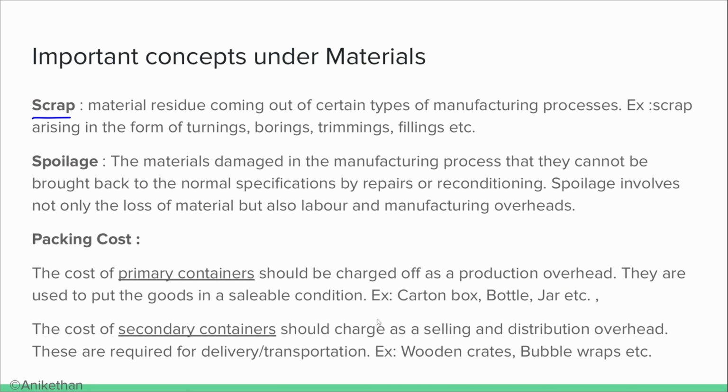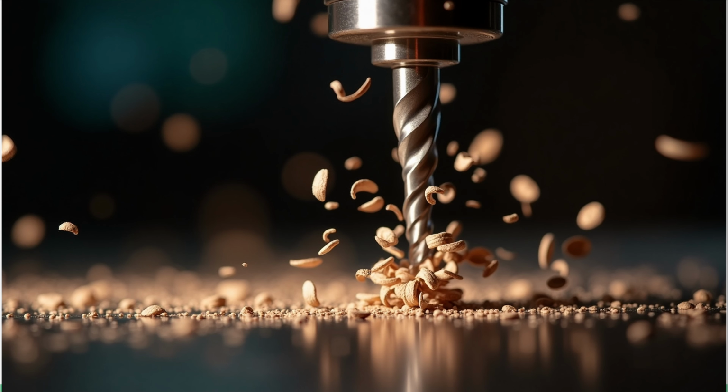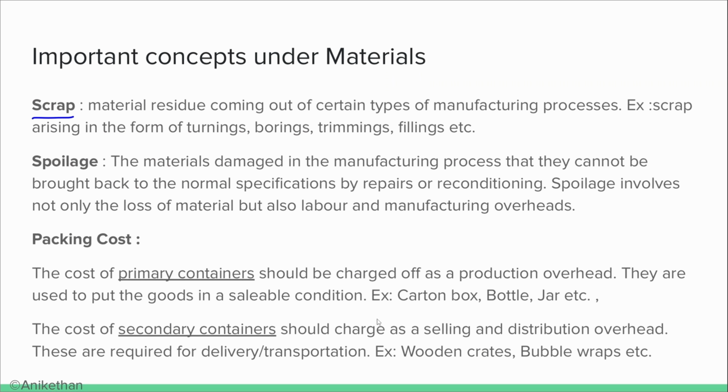Scrap. So scrap is a material residue coming out of manufacturing process. For example, let's say there is a drilling operation going on a metal piece. So the metal which is drilled, that is a scrap. So generally this scrap can be sold and the sum of the amount can be recovered. Whereas in the spoilage, the product which is under manufacturing is finished as a defective product and it does not meet the specification.